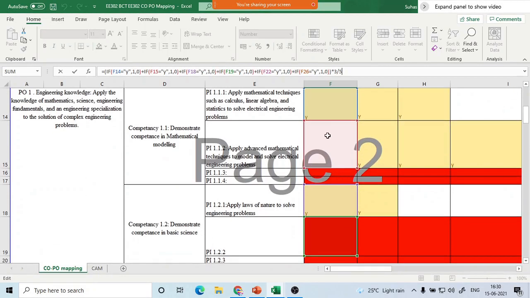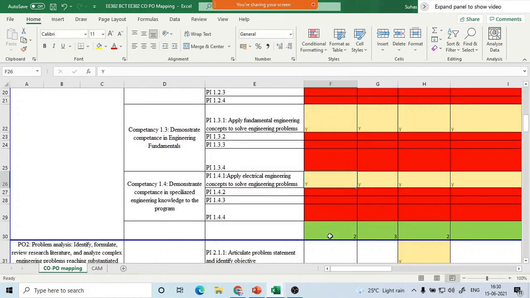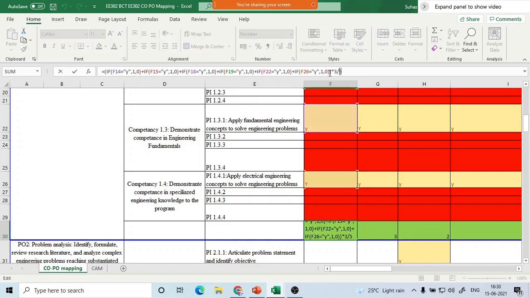This is my first indicator, then second, third, fourth, and then fifth. What we are doing is dividing by 5 and multiplying by 3, because we want to convert that into a scale of 1 to 3.